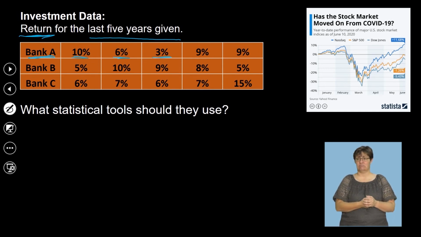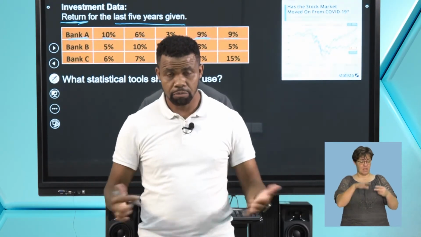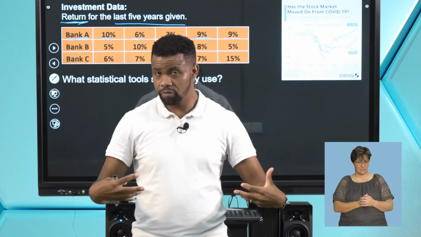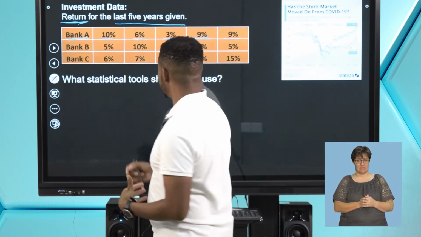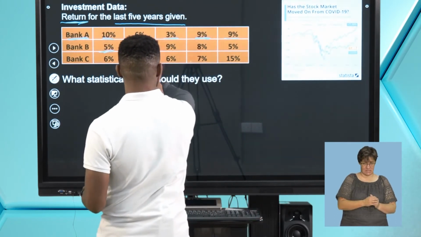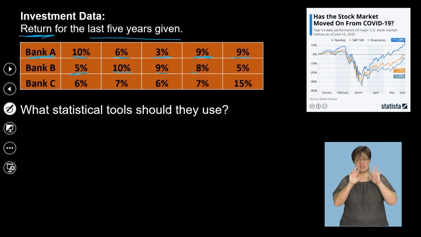Year 3, only 3%, which they managed to make on whatever they have. Then year 4, 9%. Year 5 was similar, 9%. Then the second bank, which is shortlisted by the hedge fund manager, they made 5%, 10%, 9%, 8%, and 5%.